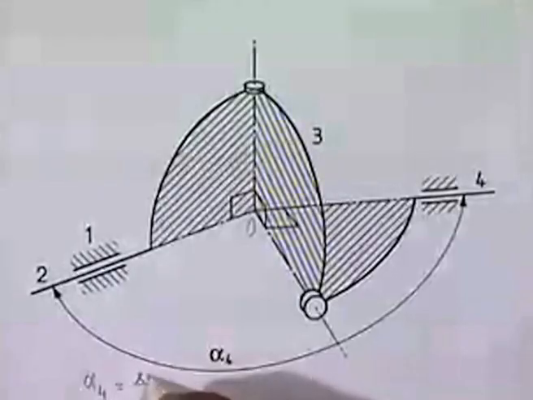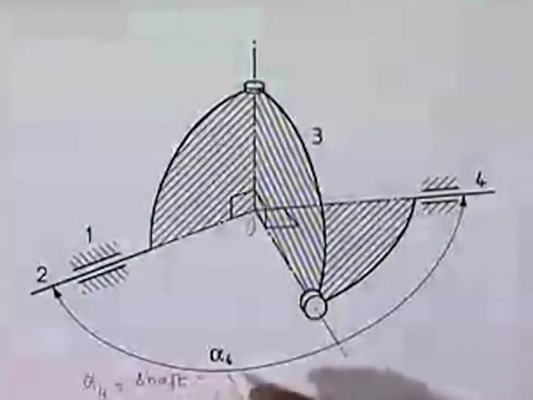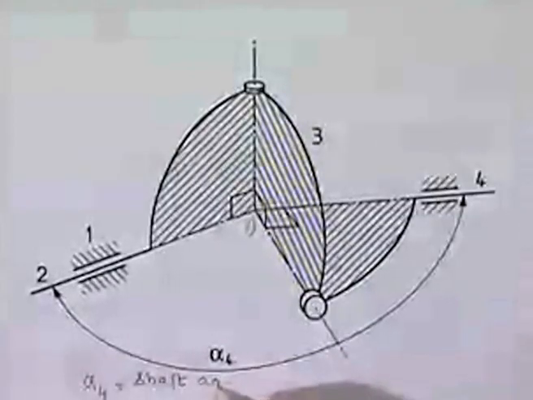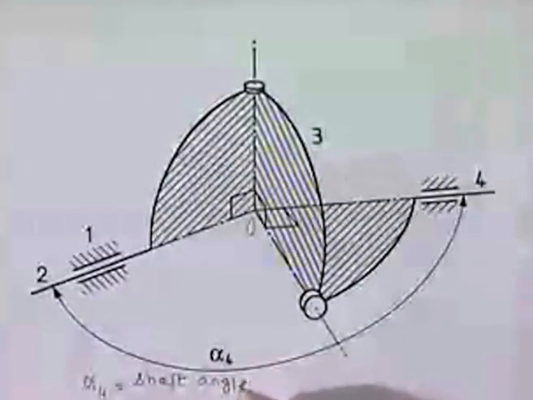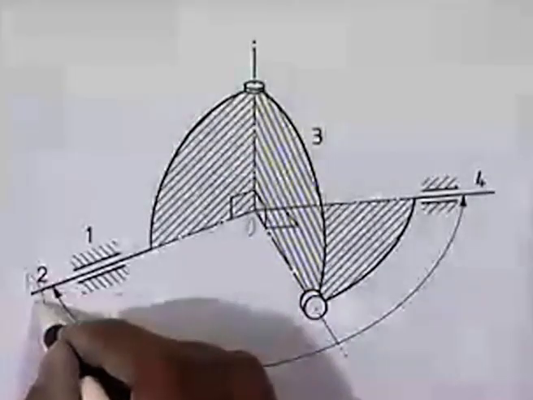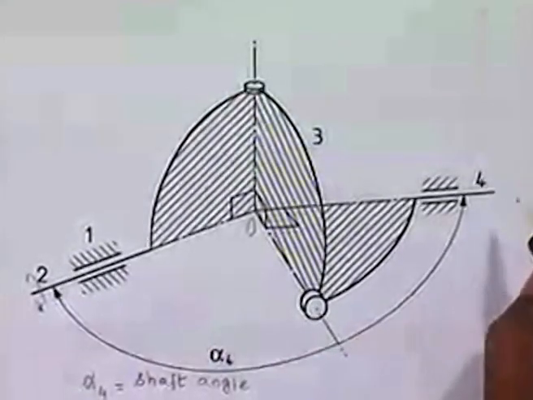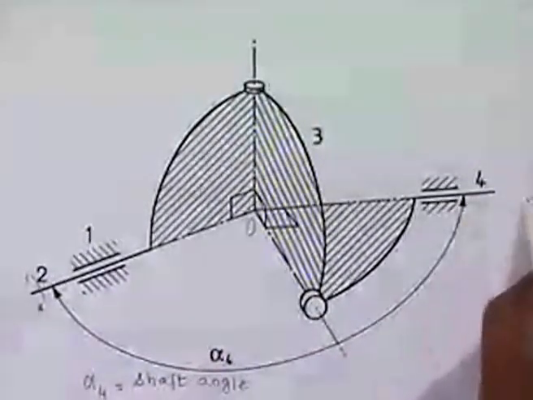Alpha 4 is called the shaft angle. If link number 2, the shaft, rotates about this axis, then link number 4 will rotate about this axis.